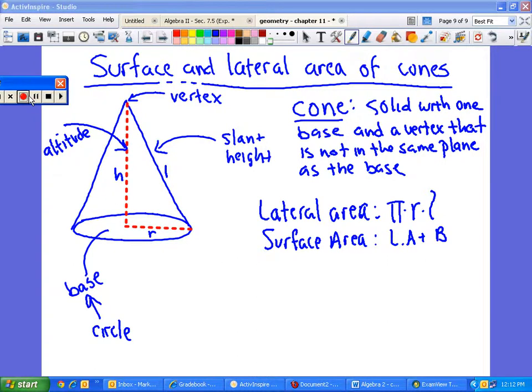Now you notice because the base is a circle, we don't call the line segment the apothem anymore. Now it's a line segment that goes from the center of the circle to the edge. We call it a radius, which is why it's letter R. The slant height is the same. The slant height is what goes on the outside of the cone.